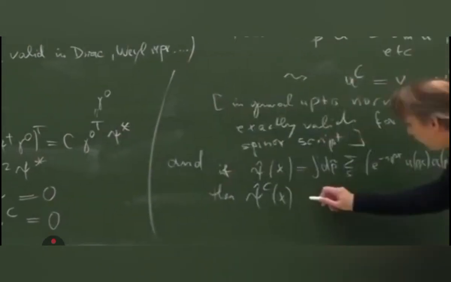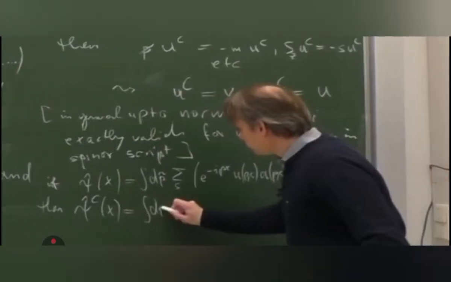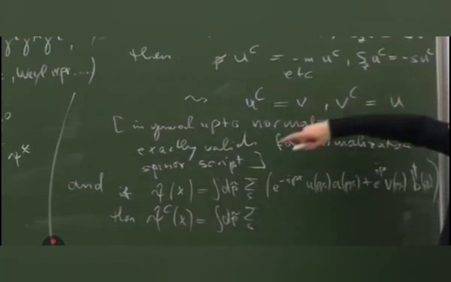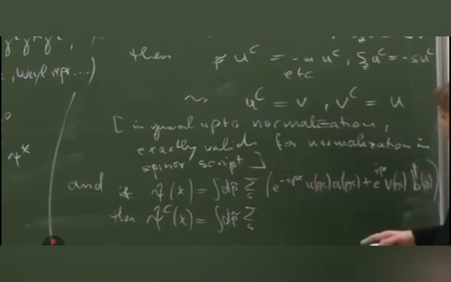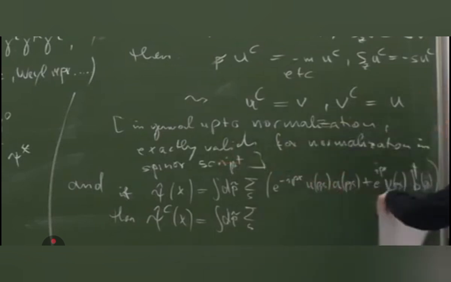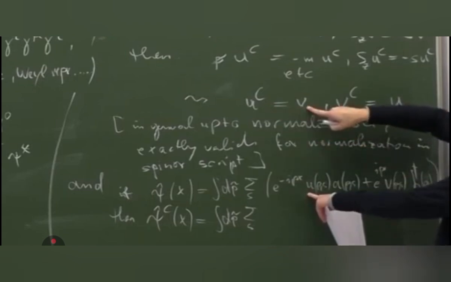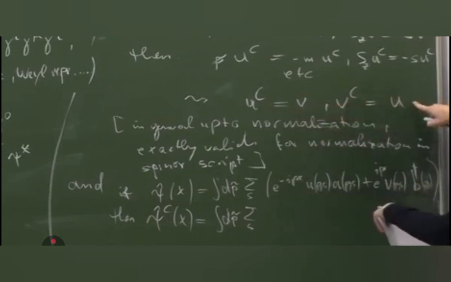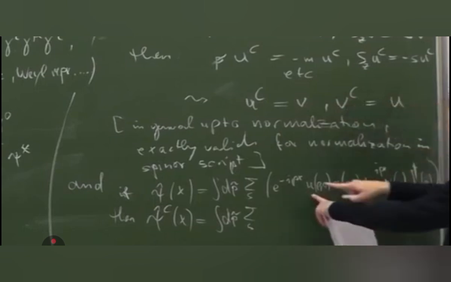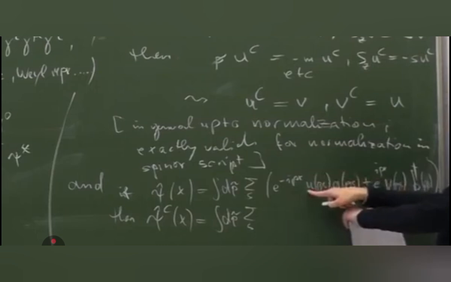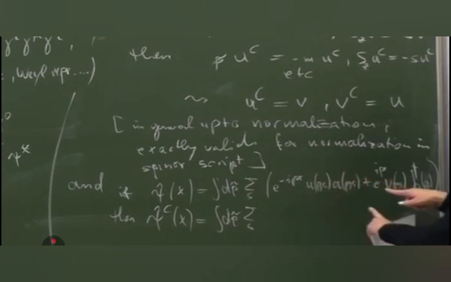So then, what happens? If you dagger it, then A becomes A dagger, B dagger becomes B, but U becomes U^C, which is V, and V becomes V^C, which is U. And so therefore, here you get U^C is V, here you get A dagger, so V will be accompanied with A dagger, and U will be accompanied with B without dagger.